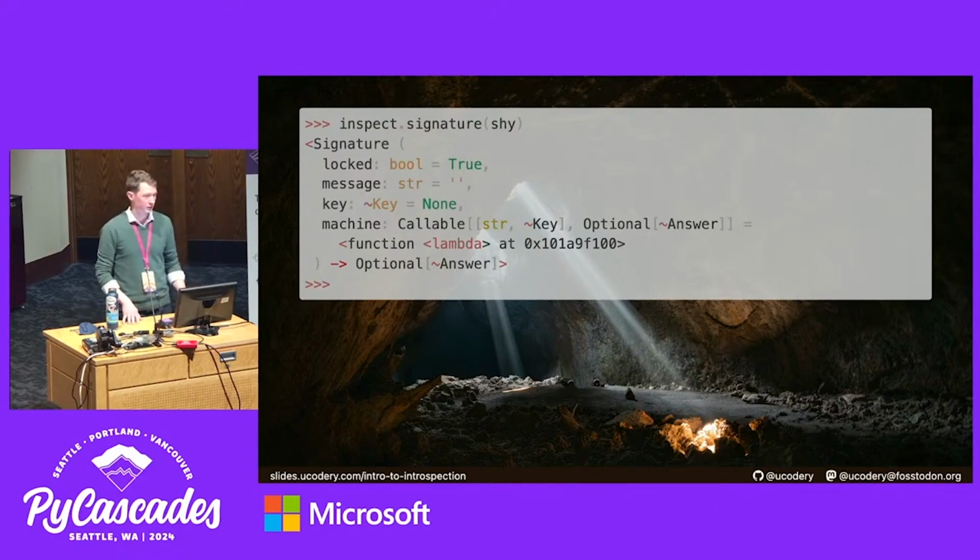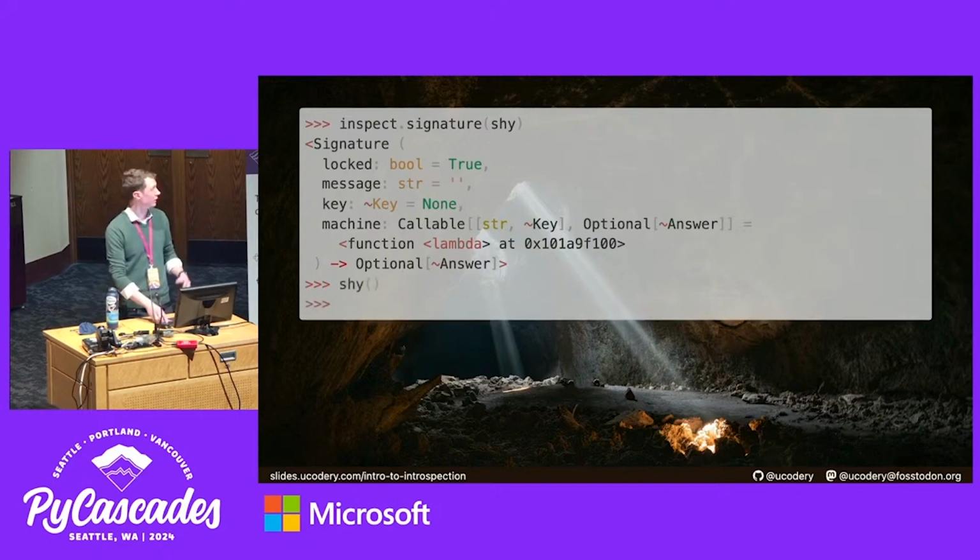But just the representation of this class as printed back to us on the REPL alone is enough to basically tell us how to call it. So we can see that actually shy has 4 parameters. They all have defaults, which is why it worked without any of them. And whoever wrote this method gave us some type hints, which are preserved at runtime.